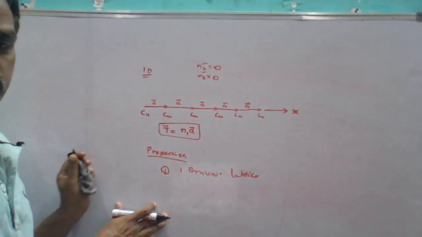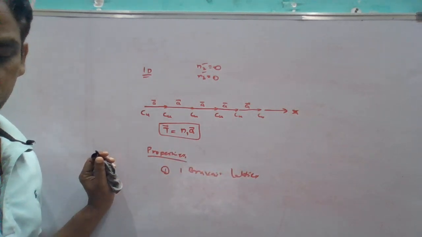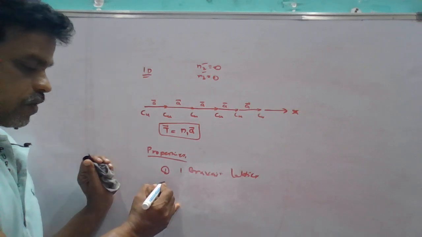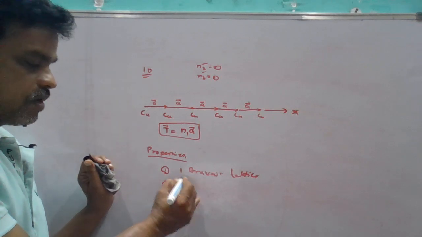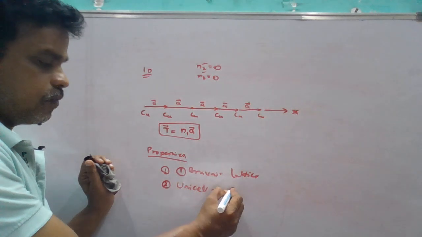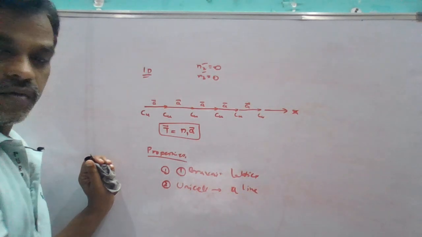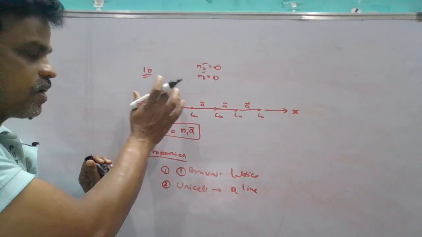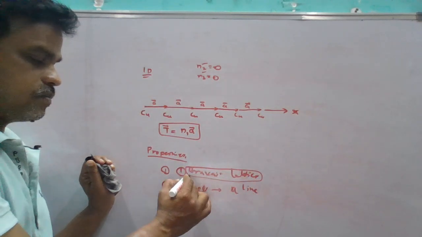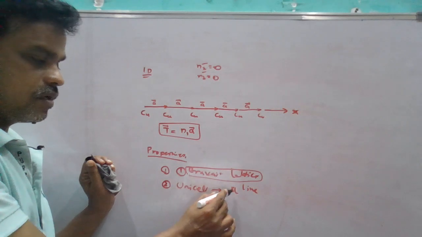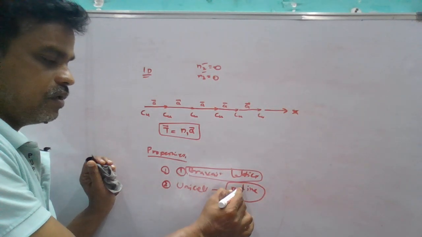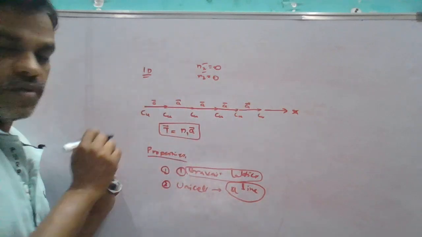Then what about the unit cell? For the one dimensional lattice, it has only one Bravais lattice, and the unit cell shape is only a line.